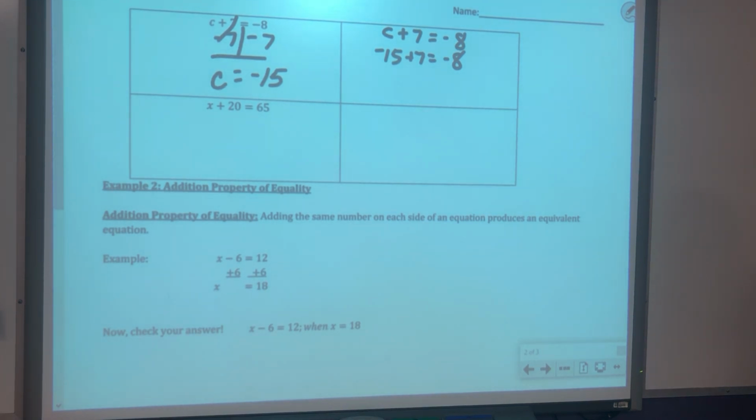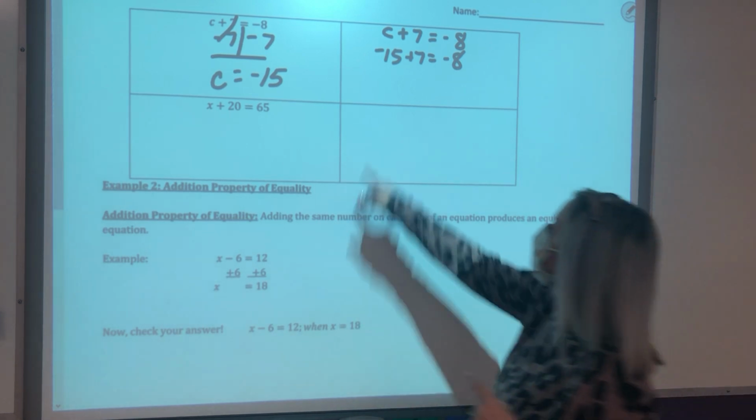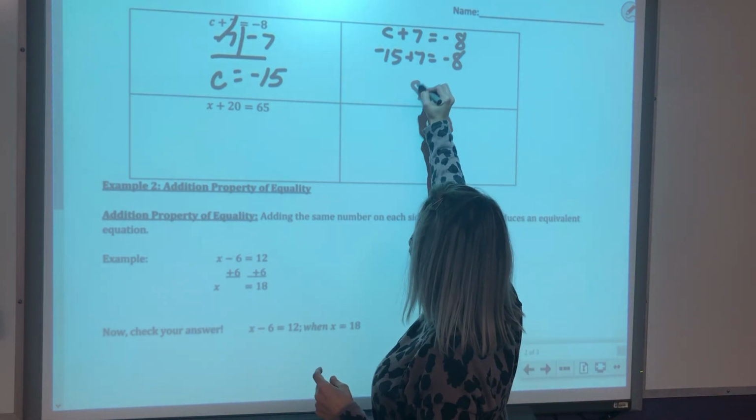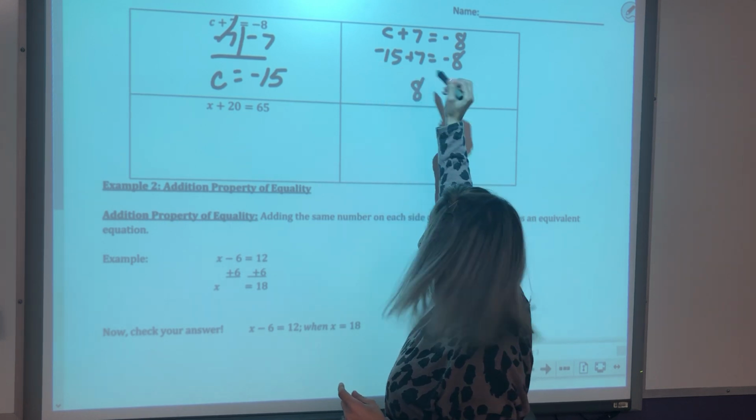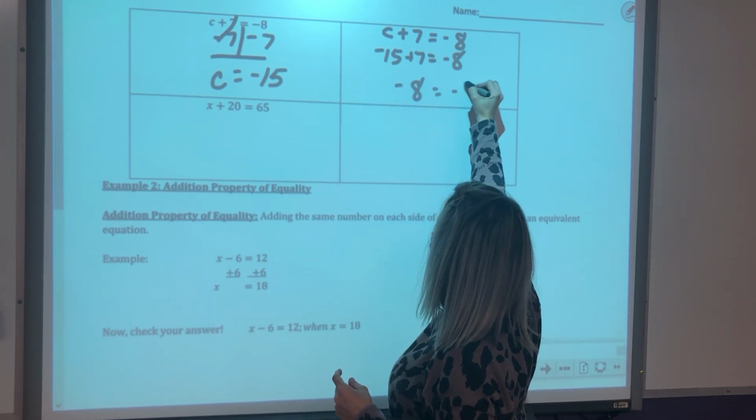Negative 8 equals negative 8. And then actually do the operation between negative 15 and positive 7. Different signs, so we subtract our values. 15 minus 7 is 8. 15 has the larger absolute value, so my answer is negative.